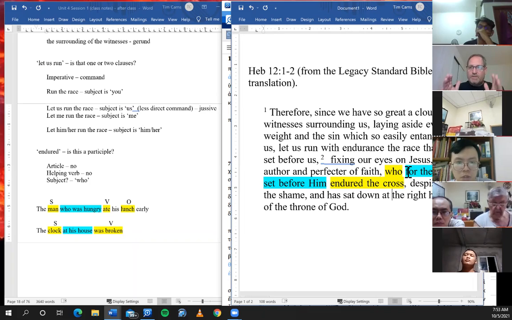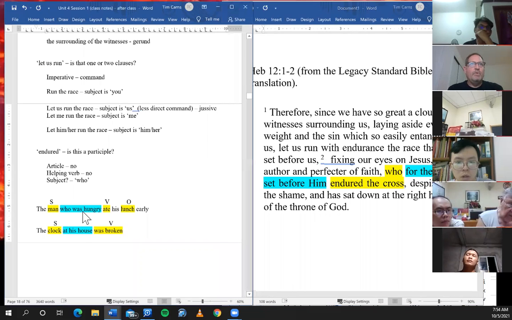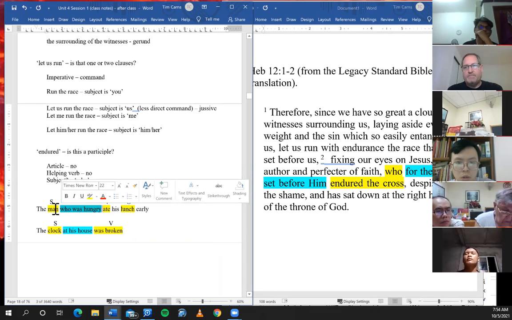Because he wants to make sure that the reader understands that he's emphasizing something. So over here, if we say the man who was hungry ate his lunch, I want to make sure that you understand who was hungry modifies man. So I put it right after man.